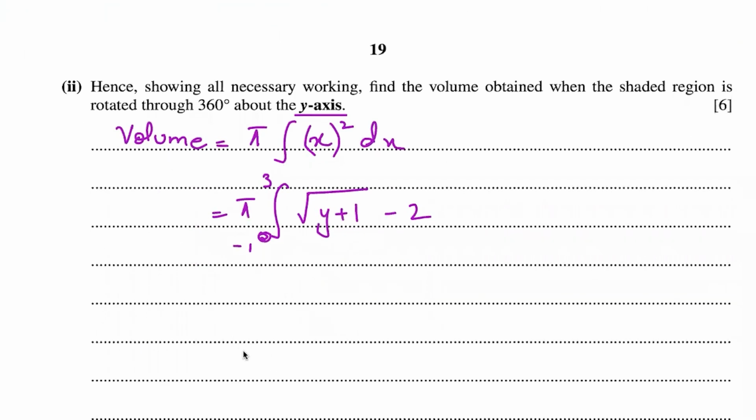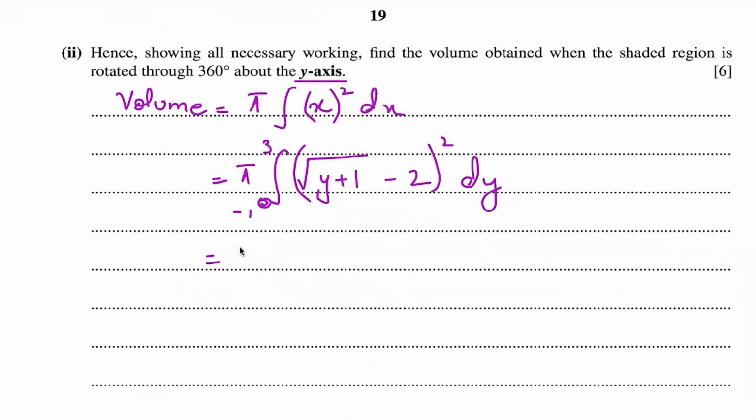Now integrating (square root of (y plus 1) minus 2) whole squared. First we have to square the whole function, so we can use the formula a minus b whole squared equals a squared minus 2ab plus b squared.